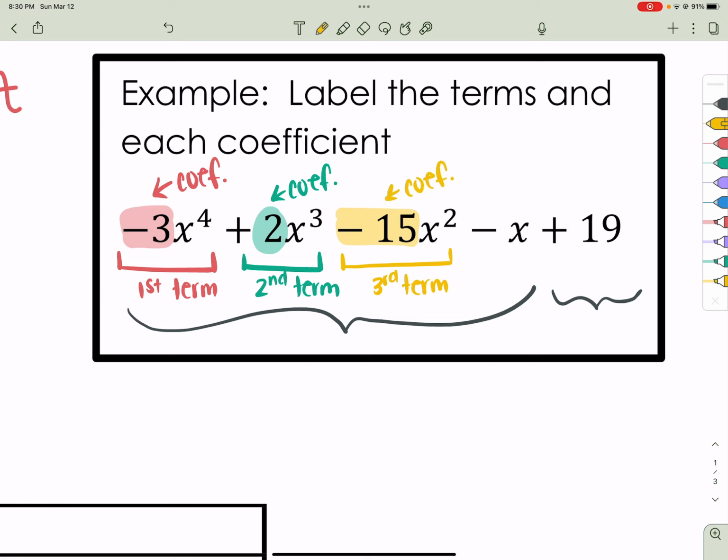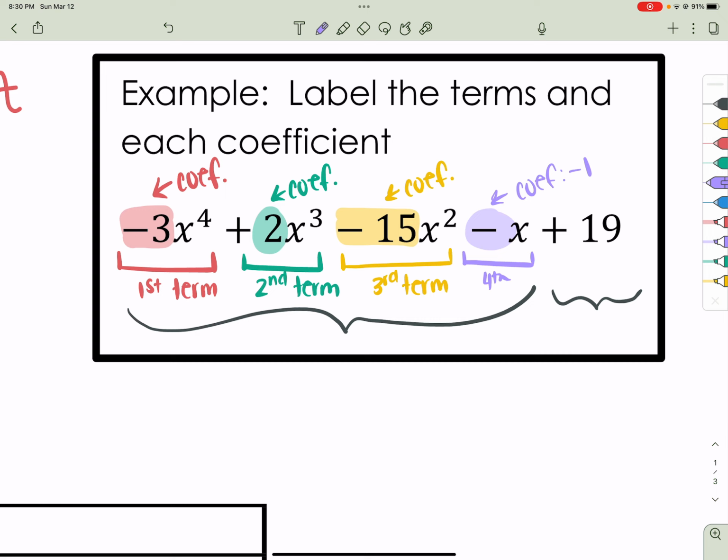And then the second to last term, negative x, is my fourth term. The coefficient on this one is negative 1. I don't see a number, but I could write that as negative 1x.